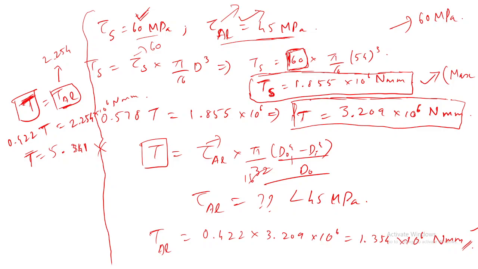Theta s I am doing here: theta s equals Ts into Ls divided by Gs into Js. Ts value you know, Ls, the length of the shaft, you know, divided by G, the shear modulus of the steel section, into the polar moment of inertia of the steel section. How many radians are you getting?